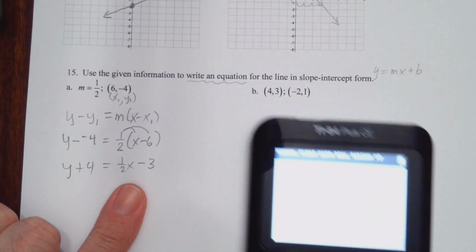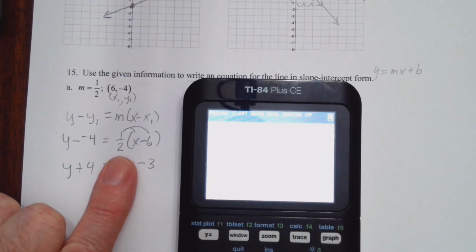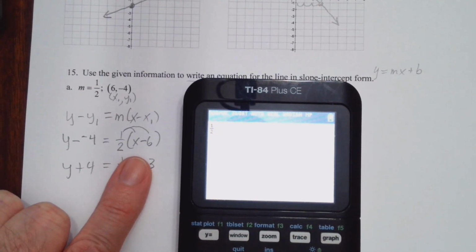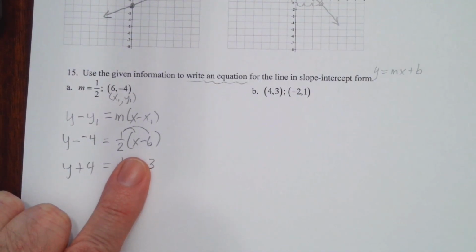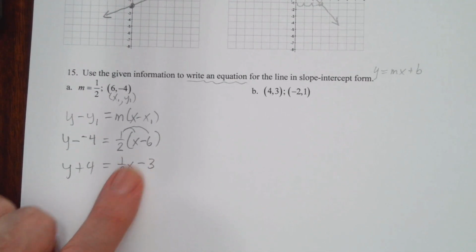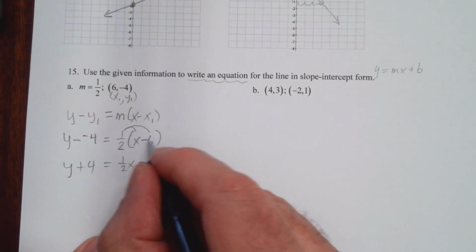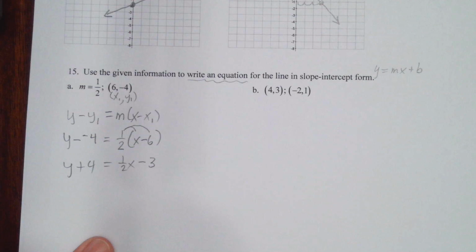So remember, for a fraction, we want to hit alpha y equals. We'll do 1/2, and it's times 6. And notice you get 3. And half of 6 is 3. You could think of it that way. And because it's a positive times a negative, it'll be minus 3.